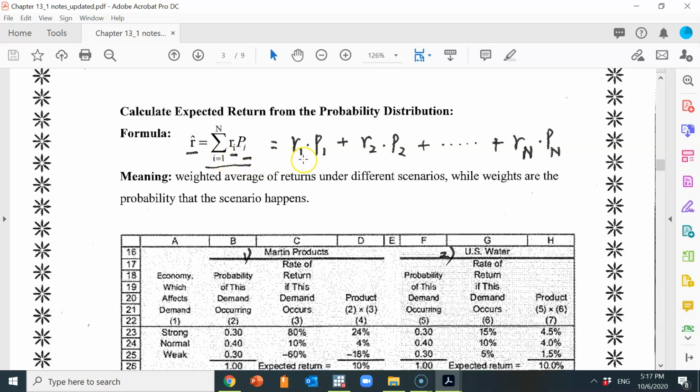Okay, so it's going to be R1 P1, the rate of return multiplied by the probability of the first scenario, plus R2 multiplied by P2, the rate of return in the second scenario multiplied by the probability in the second scenario, and goes on until we get to the end scenario. Add all these up, and we have the expected return. Okay, so it is the weighted average of returns on the different scenarios, while the weights are the probability that the scenario happens.